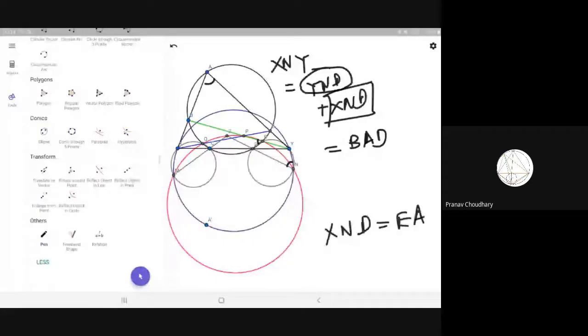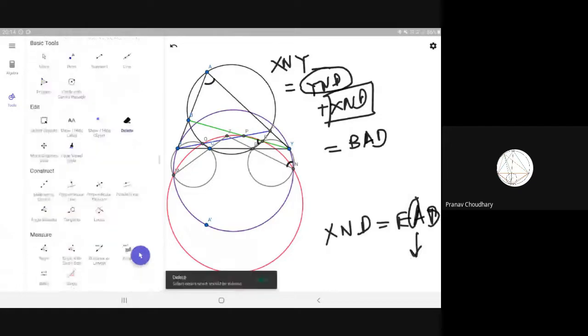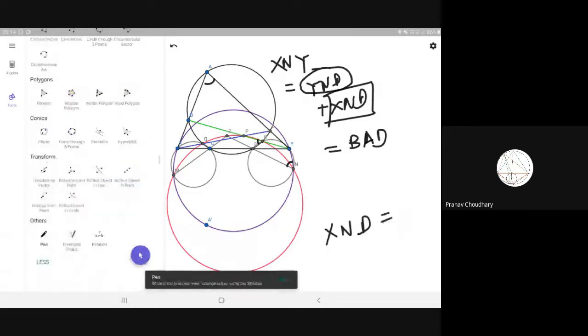Now notice that there are more points on the circle. So EAD can mean any other point on the circumcircle. You can write any good points for A, right? I'll just write it as arc ED by 2, to prove.